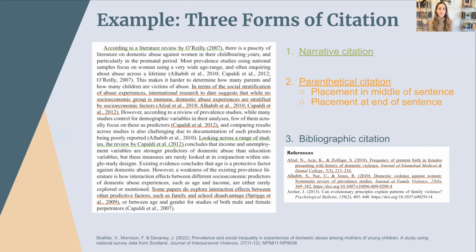That wouldn't be incorrect. But what's helpful is now I know as a reader that O'Reilly conducted a literature review. It wasn't just a single study where the author said there's a paucity of literature; this author conducted a lit review and found a paucity of literature. So that adds more weight to the claim. Does that make sense?